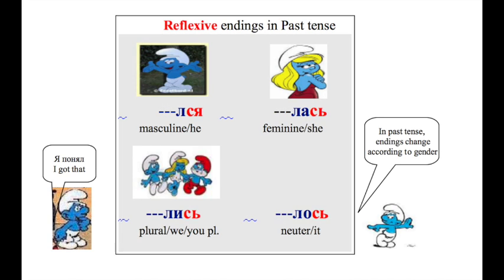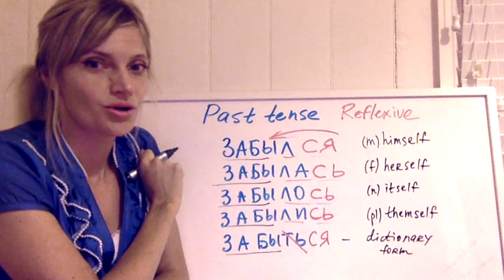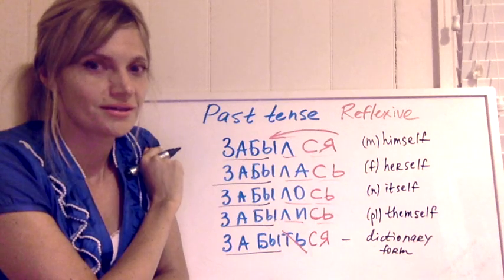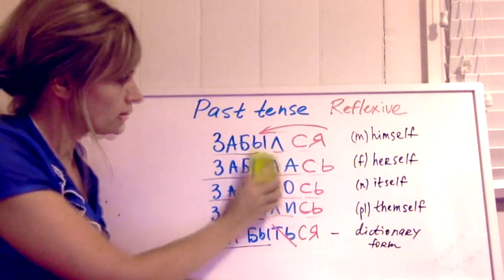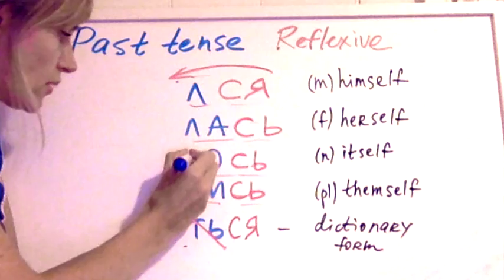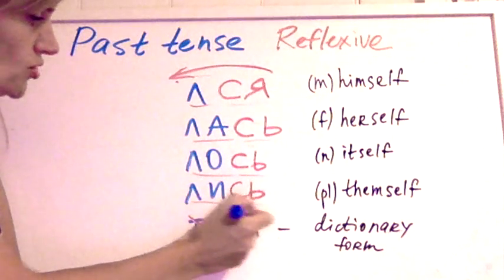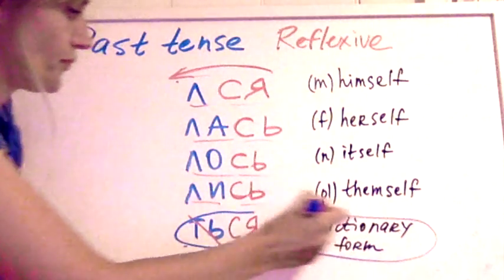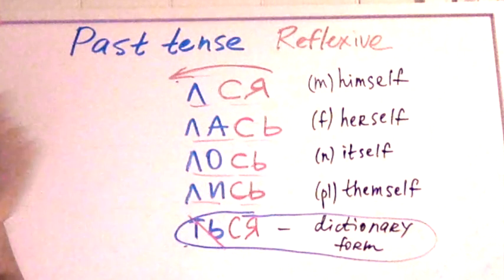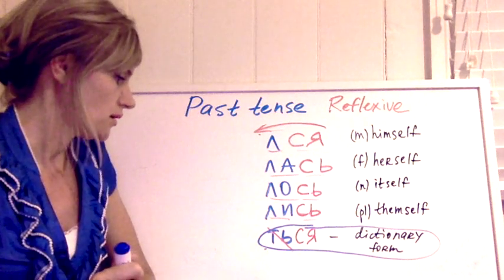Okay, let's reinforce it. Let's take another verb. Let's make it a longer verb, a grown-up verb. We're going to need endings because they will act the same for all verbs. The past tense for all reflexive verbs is going to be the same. This is a dictionary form. Let's take заниматься.